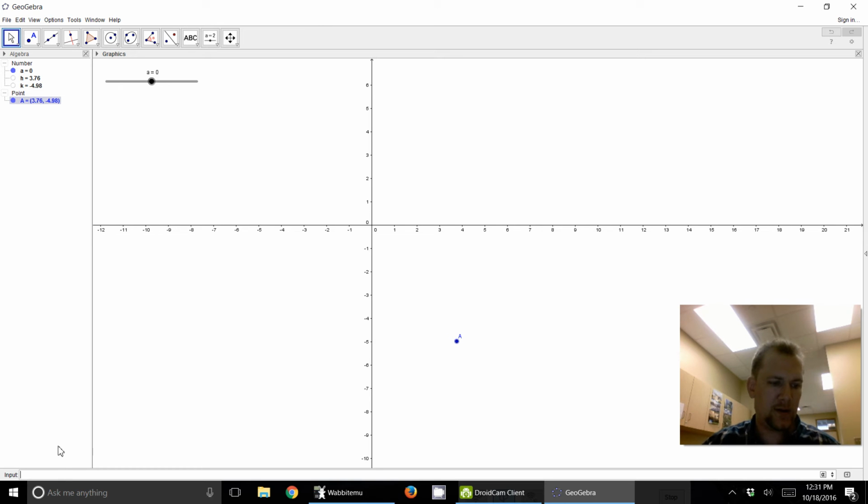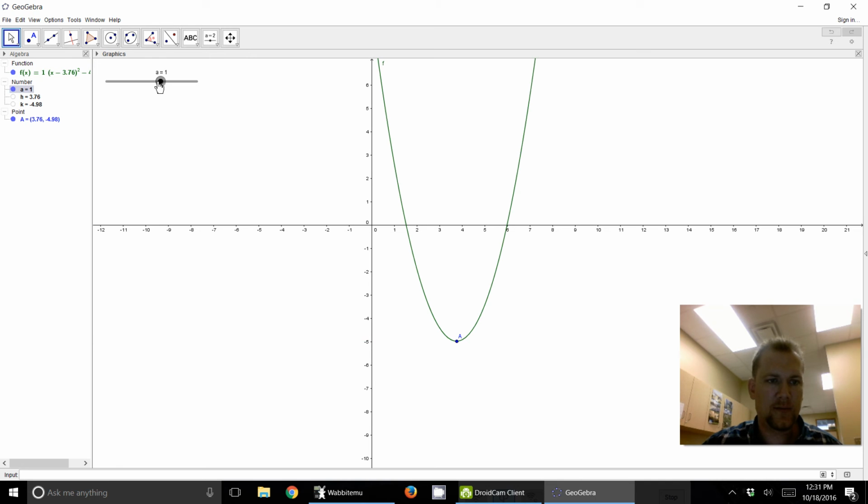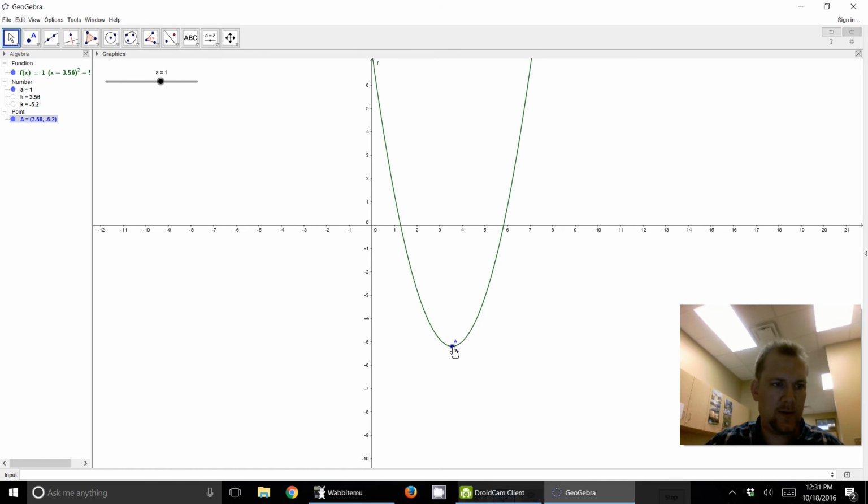So let's define a function to be f of x is a times x minus h squared plus k. Not sure what, oh, a is 0. That was confusing.